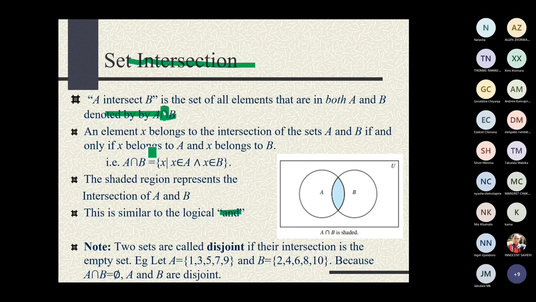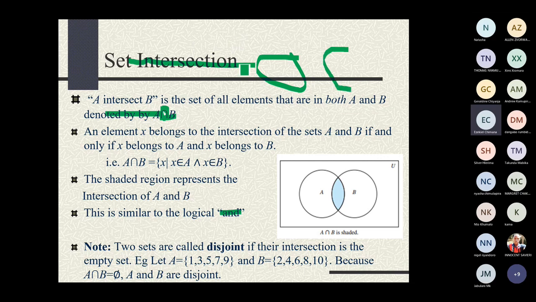This is similar to the logical and operator. Two sets are called disjoint if their intersection is the empty set. If we have A and B as disjoint sets, it means that we will no longer have this shaded part. They will be totally separated, like this.